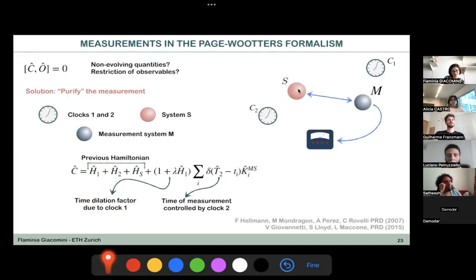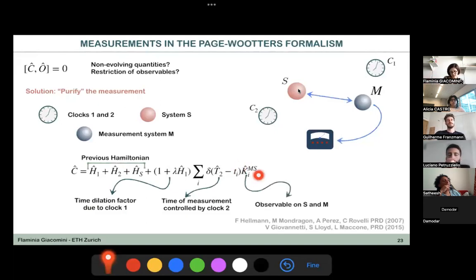If I add the interaction between the clocks, I can also take into account some time dilation factor when the clocks interact, and we will see how this arises in the next few slides.